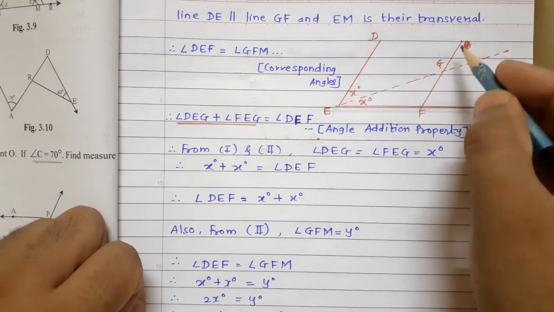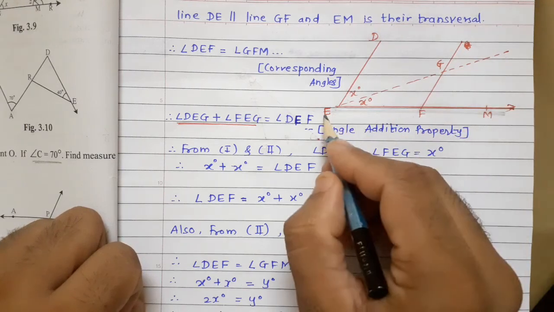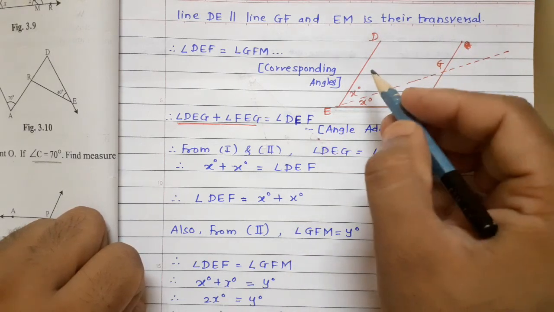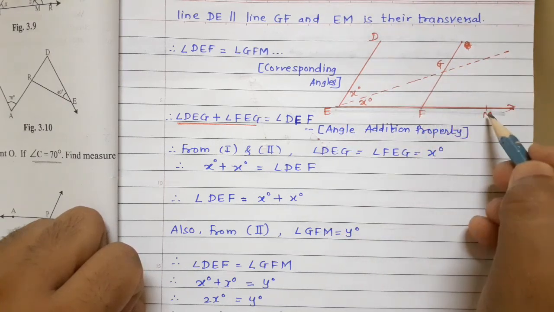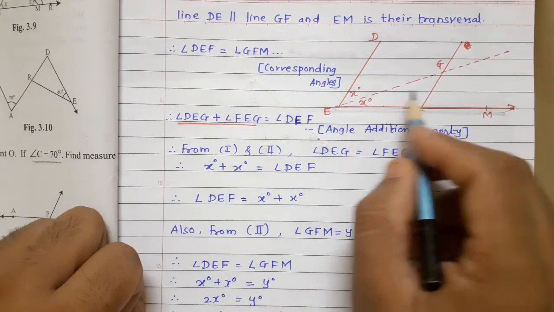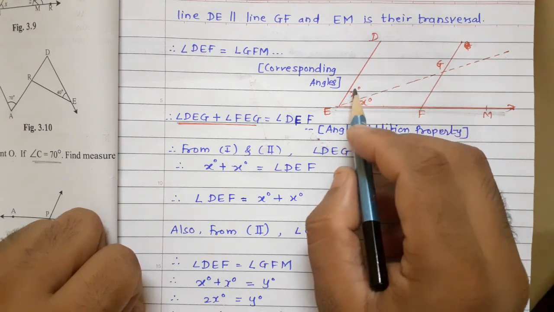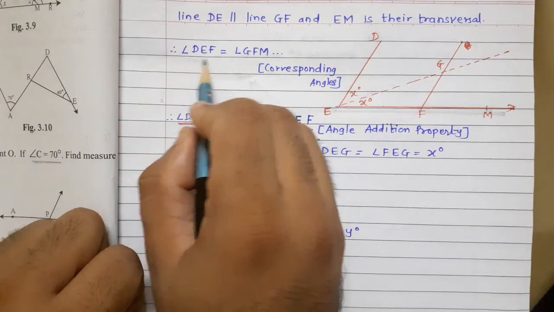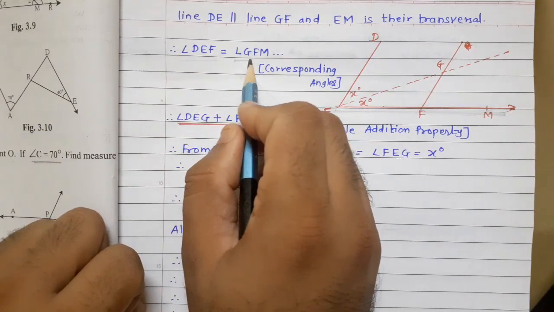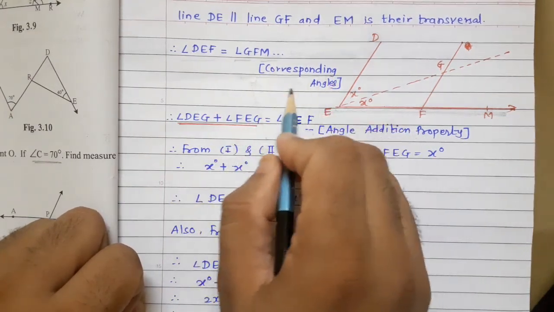See, DE and GF are parallel and EM is their transversal, and we know that corresponding angles are equal or congruent. Then we can write angle DEF is equal to angle GFM. Reason is corresponding angles.